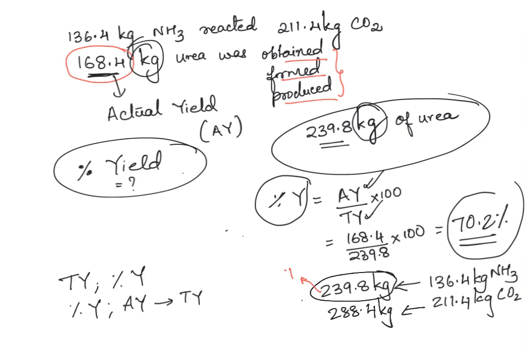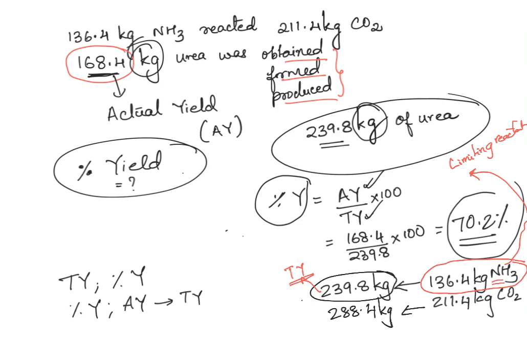This was the theoretical yield from ammonia, and since ammonia was a key player in giving us the theoretical yield of urea, ammonia becomes the limiting reactant. What is the limiting reactant?